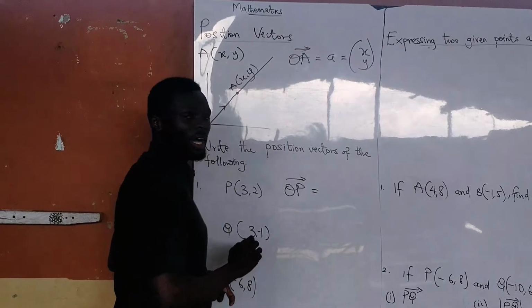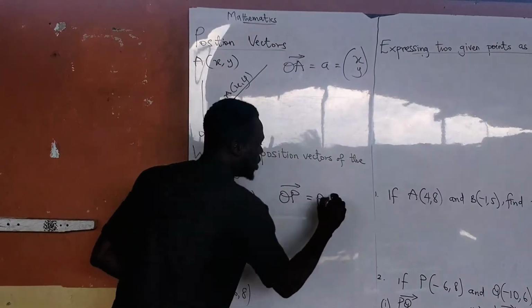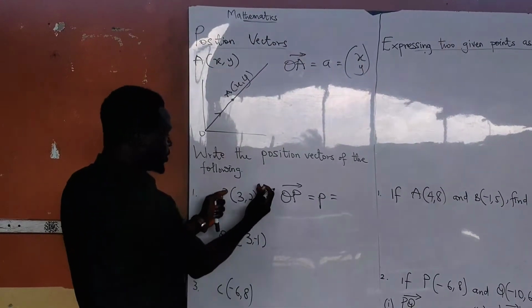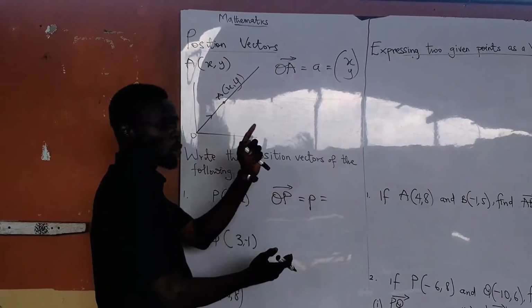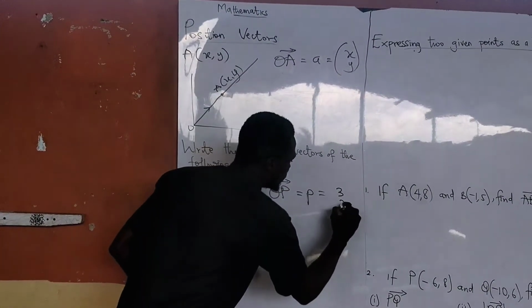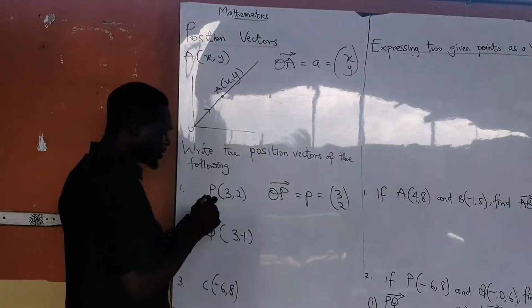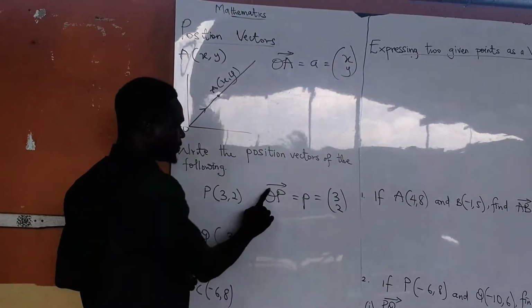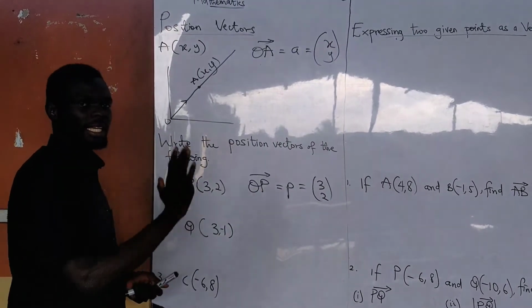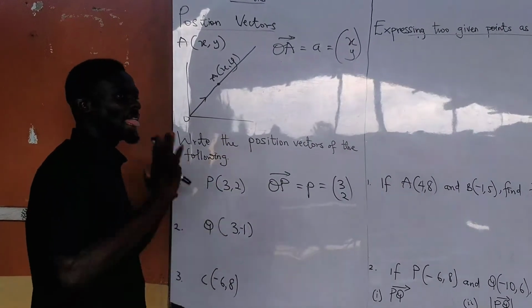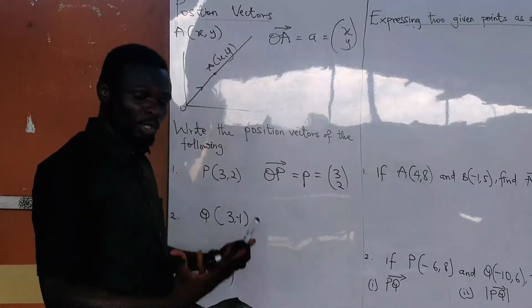This is equivalent to small letter p, which is equal to (3, 2) written vertically. So the position vector for this point is OP, which is (3, 2), vertically written. And that is how we write a position vector.